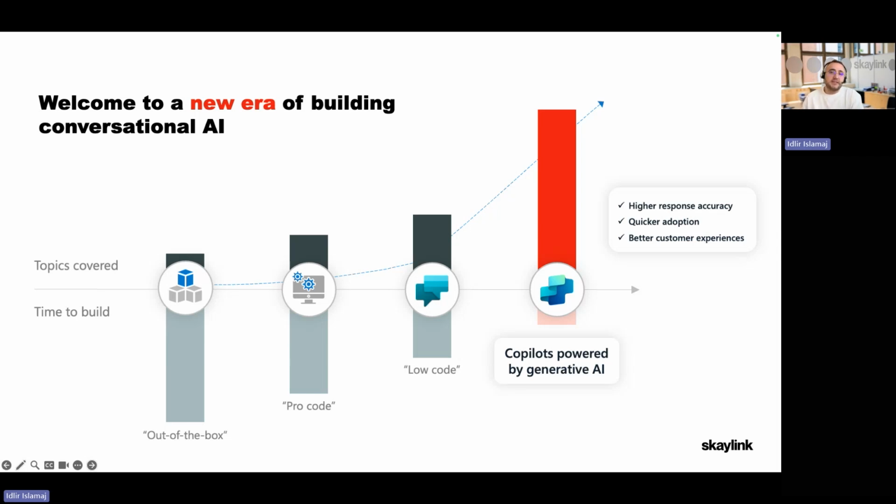These advancements have dramatically reduced development time and expanded the capabilities of conversational assistants. As shown in the graphic, there has been a substantial reduction in the time required for development, coupled with significant expansion in the breadth of topics covered. This has resulted in improved response accuracy, faster adoption rates, and enhanced customer experience.